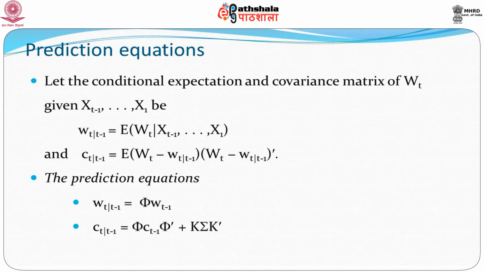So, we get these two equations and we call these the prediction equations, because given W t minus 1, we can now predict what W t is going to be like. Similarly, given C t minus 1, we can predict what C t given the past is going to be like.